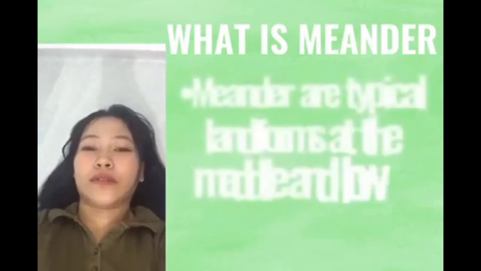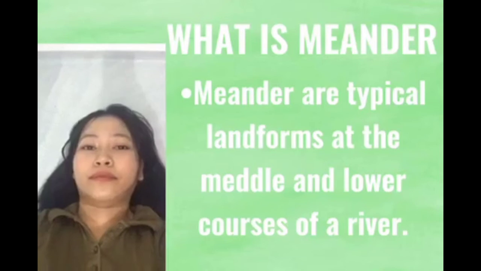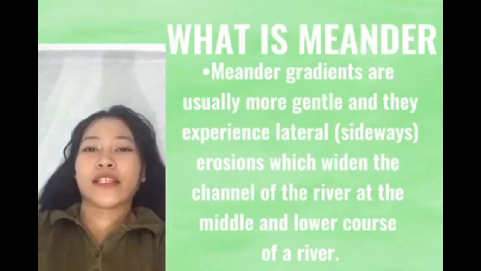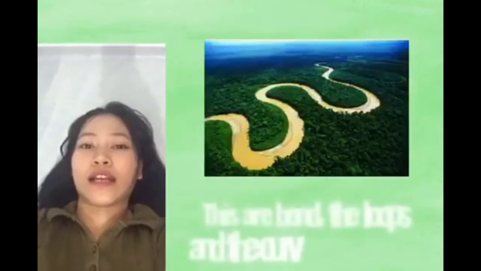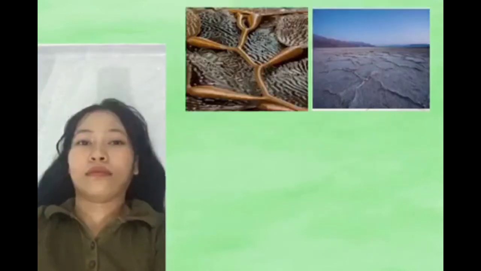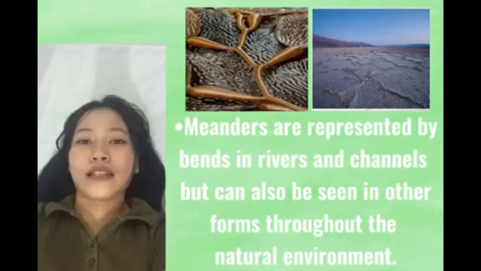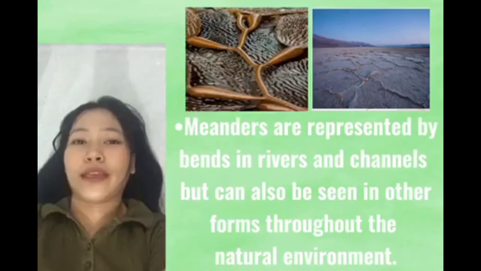Meanders are typical landforms represented by bends in a river and channel, but can also be seen in other forms throughout the natural environment.